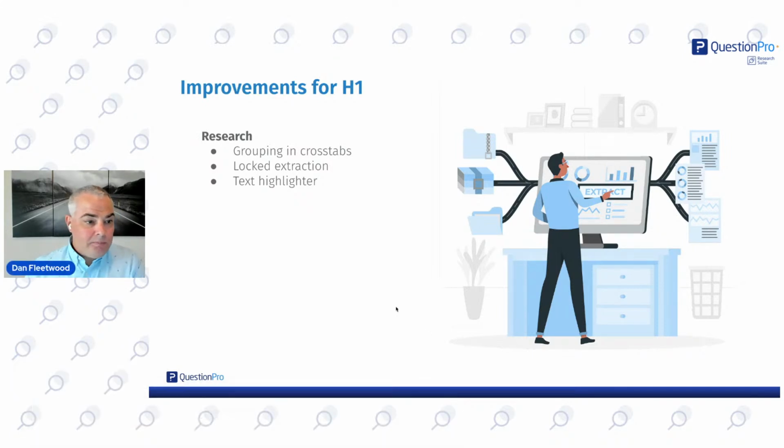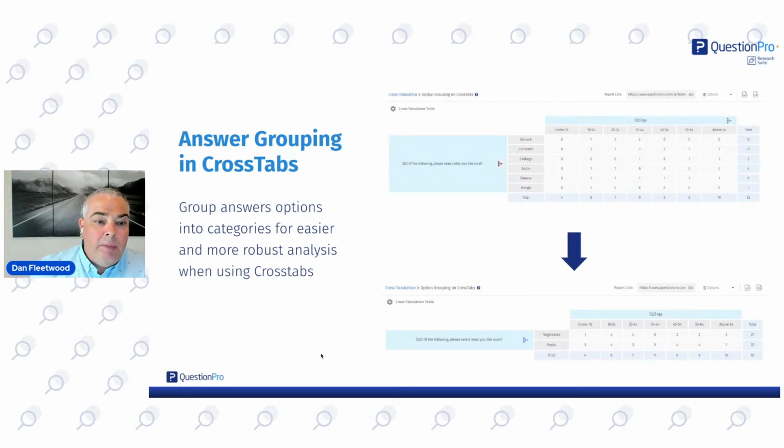Appreciate that question. All right, answer grouping and crosstabs is something I want to dive into a little bit more because, again, this was a highly requested feature that we listened to clients on and got in. It groups answer options into categories for easier, more robust analysis. A simple example: let's say you have different fruits and different vegetables, and you want to group the fruits, group the vegetables, and then do analysis based on those.